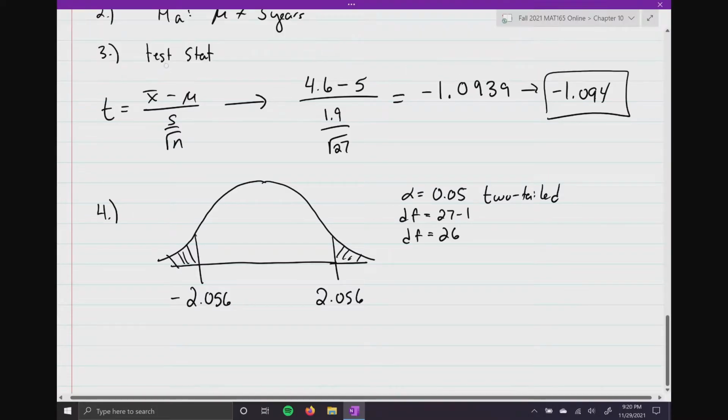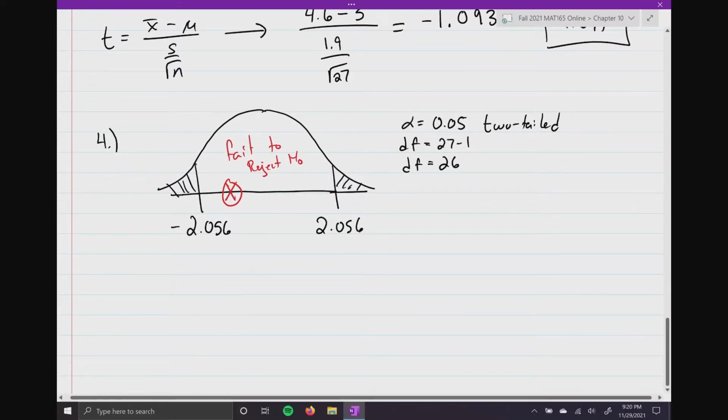We're going to label our test statistic. So that's right here, which is our fail to reject the null. So we can go ahead and just write a little conclusion. All right. We fail to reject the null. And then what we can do is write a little statement about the claim that was labeled.